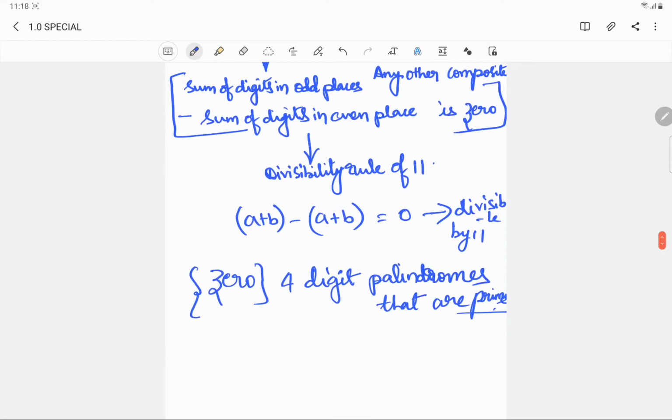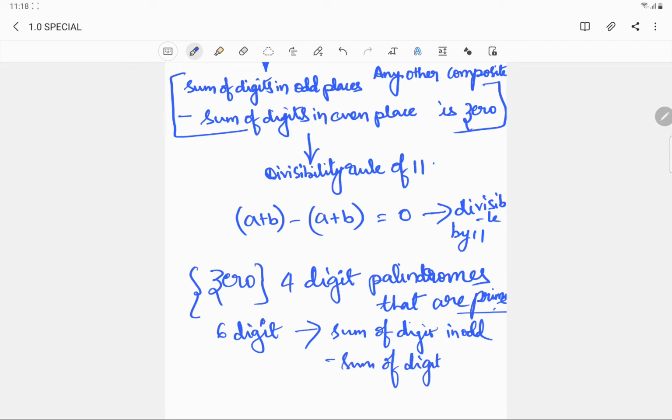Similarly, if it is a 6-digit palindrome, in that also the sum of the digits in odd places minus the sum of the digits in even places would be 0.